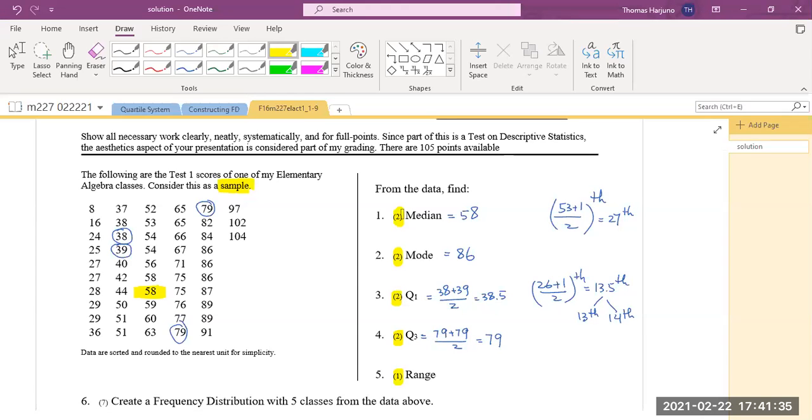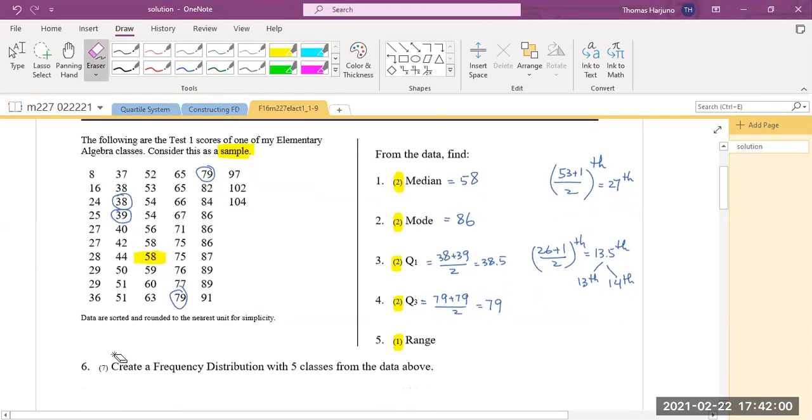If it takes you more than 2 minutes, it means something is not right with your understanding. You're working too hard, or you just don't get it. So the number of points for a question also implies the number of minutes you should spend, or less. Like number 6 here, you see 7 points, which means you should spend at most 7 minutes on that problem.